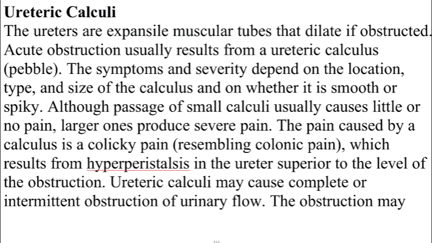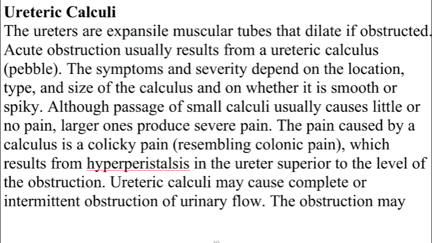Now, what about ureteric calculi? The ureters are expansile muscular tubes that dilate if obstructed. So when you have acute obstruction of the ureters, it could result from a ureteric calculus, that's like a stone or pebble. The symptoms you have and the severity depend on the location of the calculus, the type, and the size of the calculus.